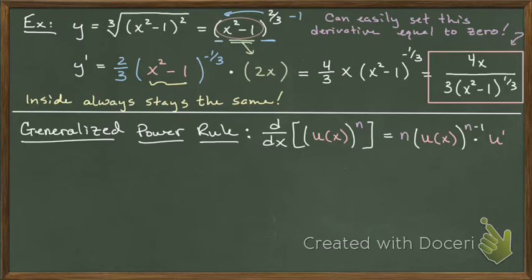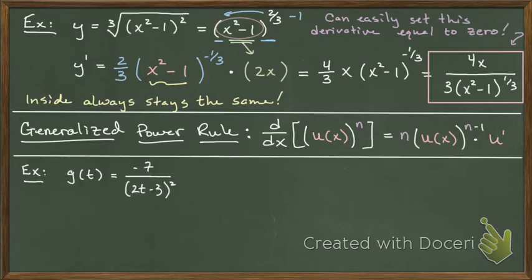If I've got u to the power n, that derivative would be n times u to the power n minus 1. But then I have to make sure to multiply also by the derivative of u. Okay, so there's my power rule generalized, right? So instead of just x to the power n, I can now take the derivative of u to the power n. It's stronger.